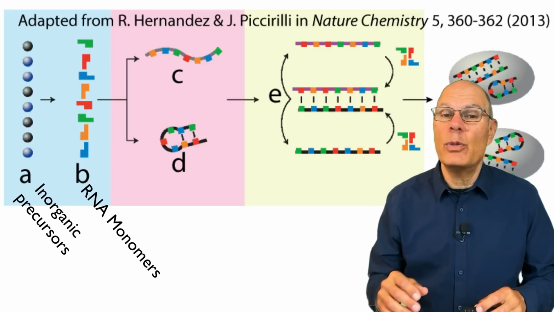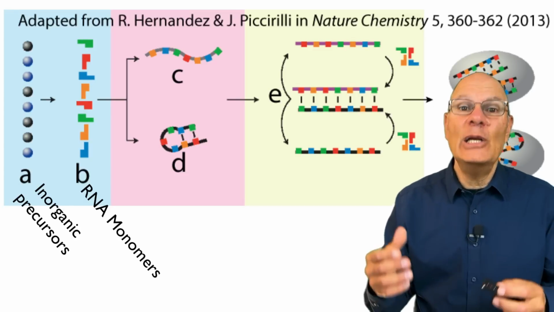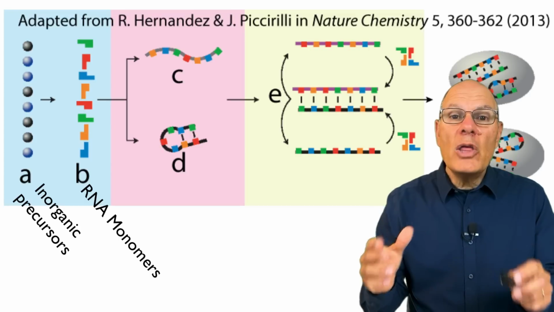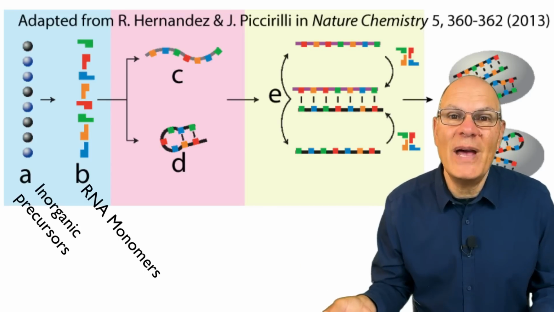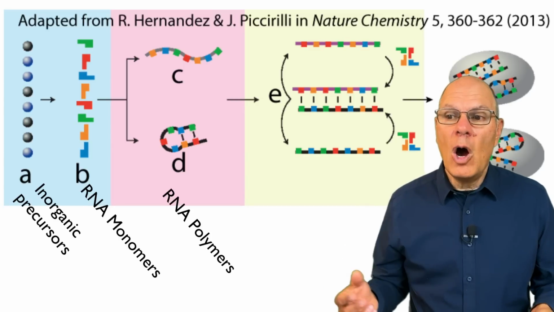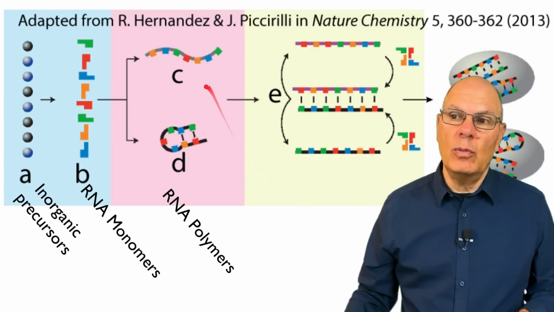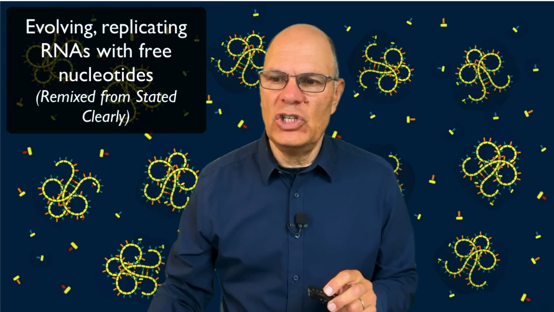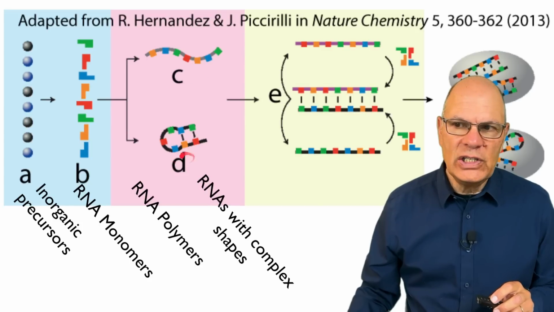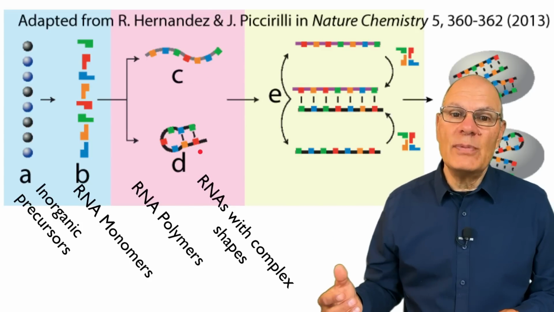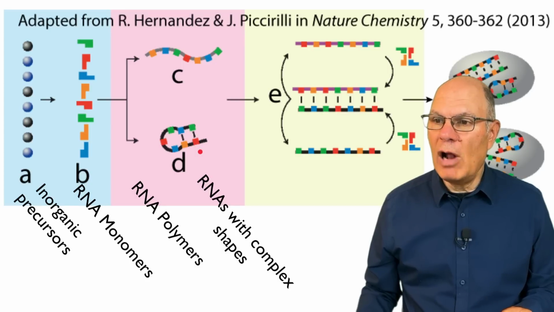Those would combine through abiotic, inorganic processes to form RNA monomers. Other abiotic, non-enzymatic processes would lead to the next step. And in that next step, we have RNA polymers that start to emerge. They're shown at C. RNAs can fold up into complex shapes, and that's what we start seeing over here at D. And those complex shapes can start to have enzymatic properties.